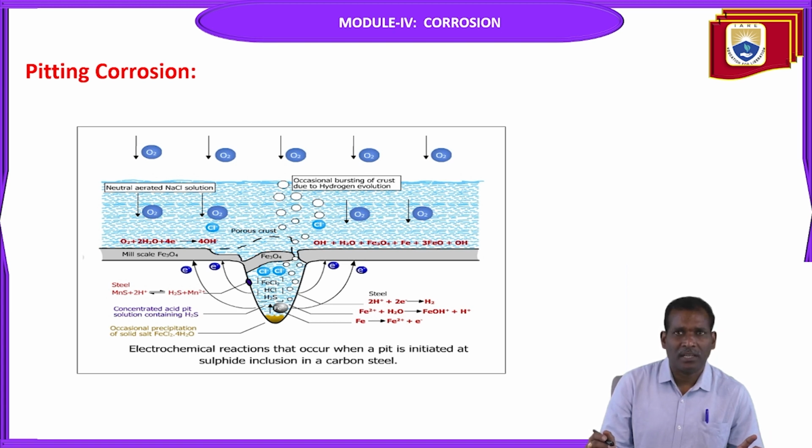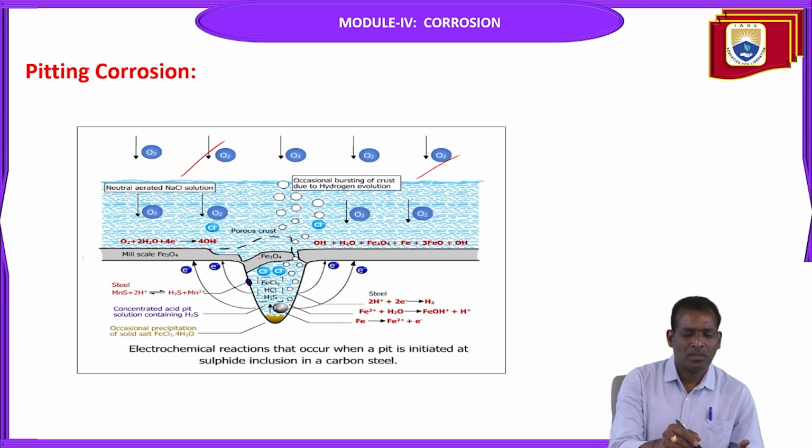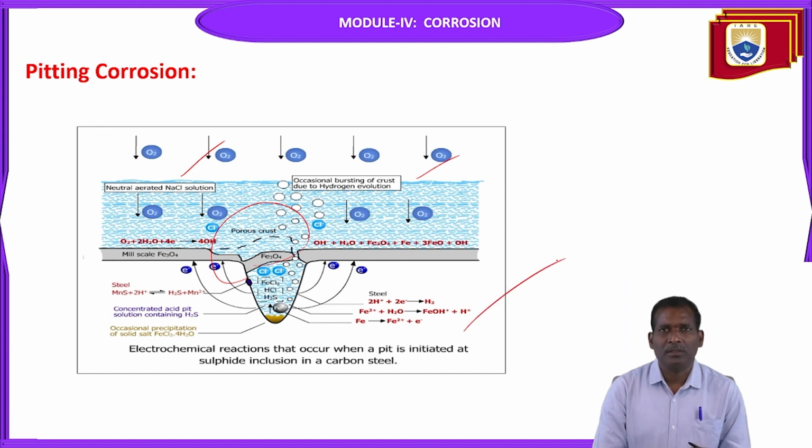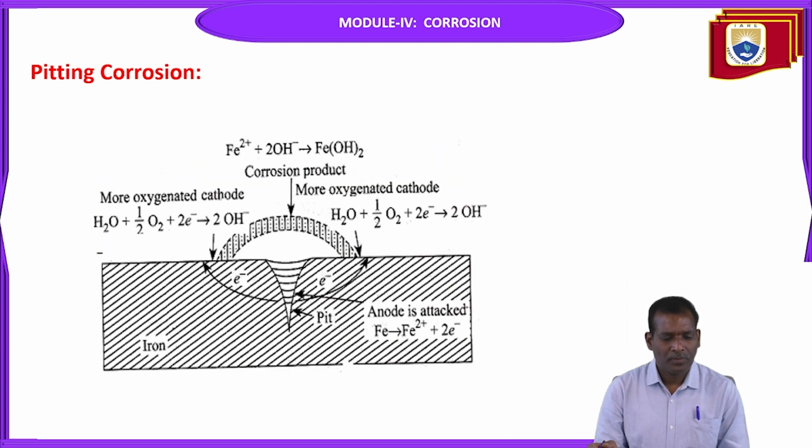These are the electrochemical reactions that occur when a pit is initiated at a sulfide inclusion in a carbon steel. Here is shown the neutral aerated NaCl solution, the occasional bursting of crust due to hydrogen evolution, and the porous crust. This is the diagram for pitting corrosion. You can observe the anode and cathode reactions in the detailed diagram, with the corrosion product.